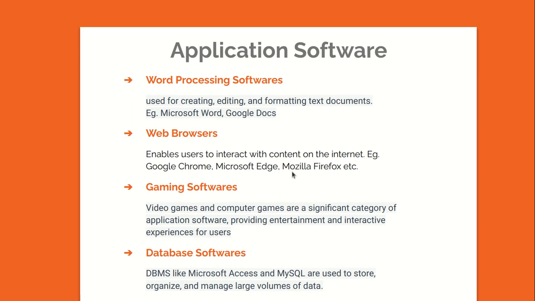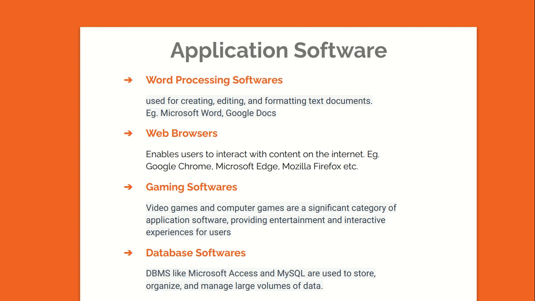So we'll look at the application softwares in more detail and list some of the common applications that we use in this category. You may have worked with something like Microsoft Word, or a spreadsheet, Microsoft Excel.